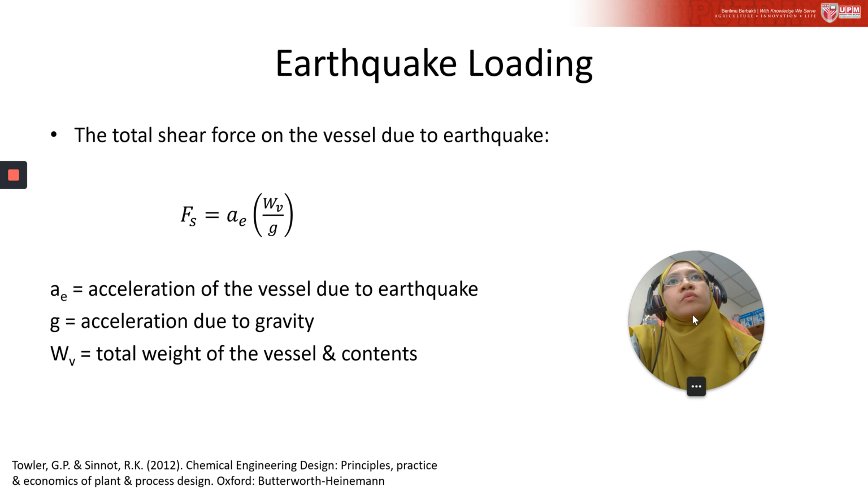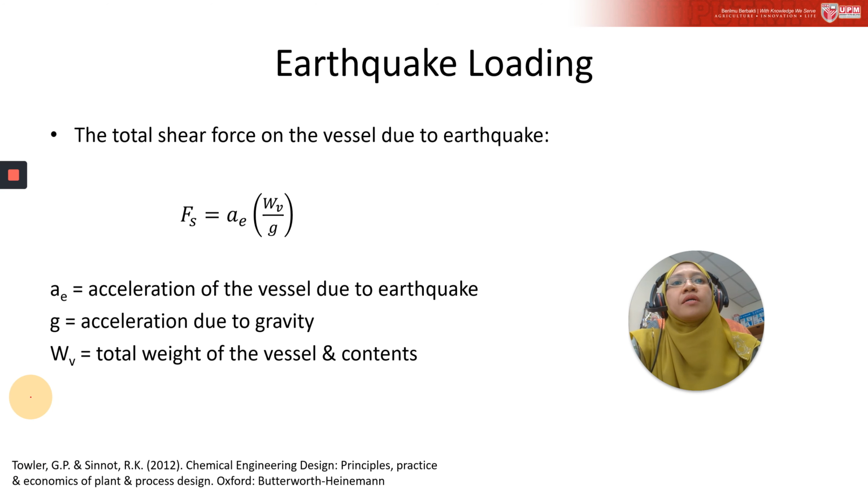Basically, this equation is used to approximate the force on the vessel due to earthquake, where the constant AE is the acceleration of the vessel due to earthquake, G is gravitational acceleration, and WV is the total weight of the vessel and contents.